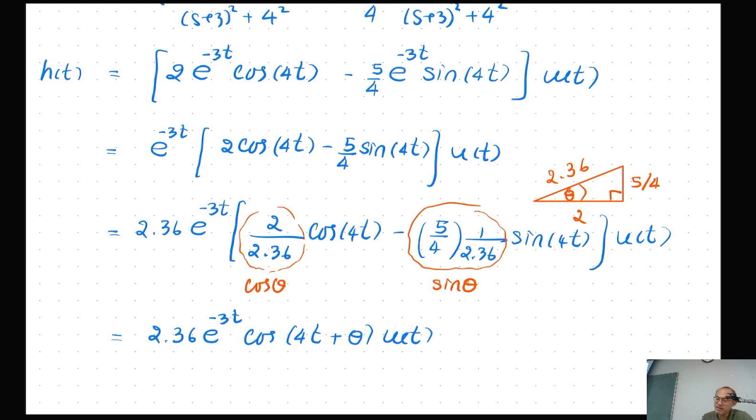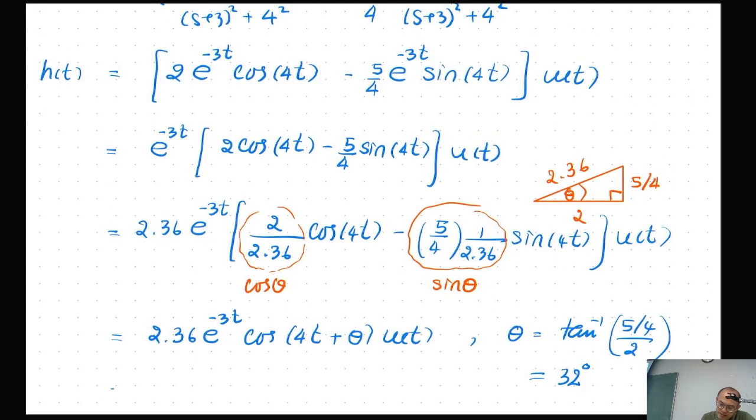Now, what is theta? I can find theta by looking at this triangle, where theta is equal to arctangent of 5/4 divided by 2. Using my calculator, I find the arctangent of 1.25, since 5 over 4 is 1.25, divided by 2, is 32 degrees.